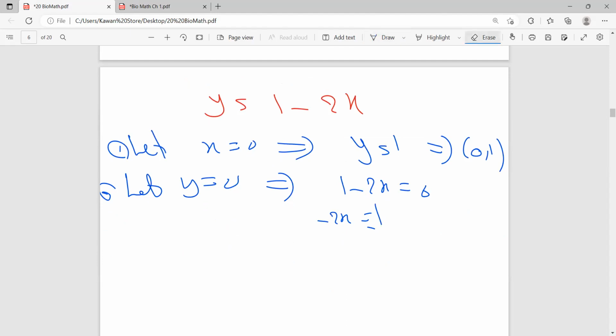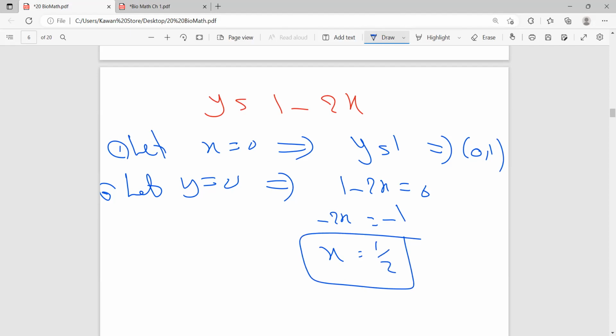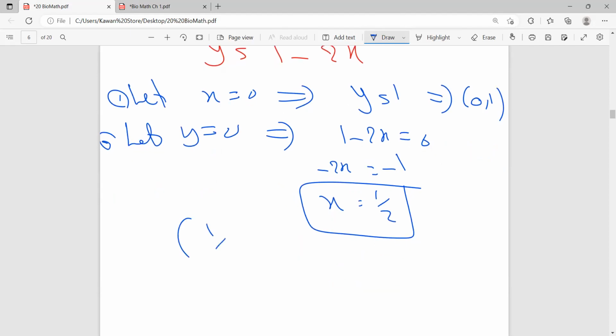Right? So x will be what? Divide by minus 2 on both sides, you will get 1 over 2. So the next point is 1 over 2 and 0.